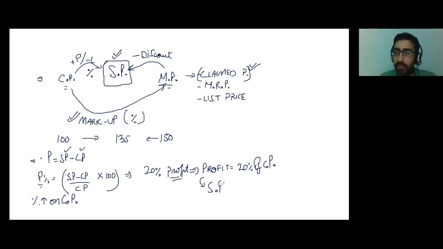So this essentially means that selling price is 20% more than cost price. So it is essentially cost price plus 20% of cost price, which means selling price is 1.2 times cost price. 1.2 is obviously also 6 by 5.